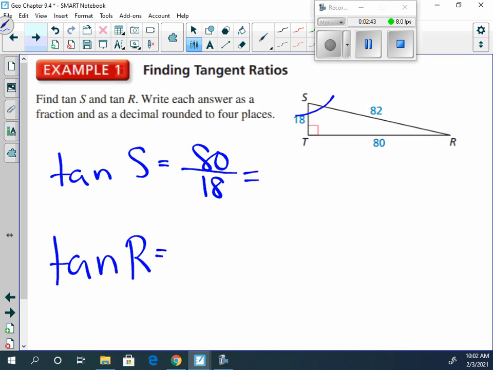Now, they do want us to round it to 4 places, so at this point here, we can plug it into a calculator. We can do 80 divided by 18, which would be 40 over 9.